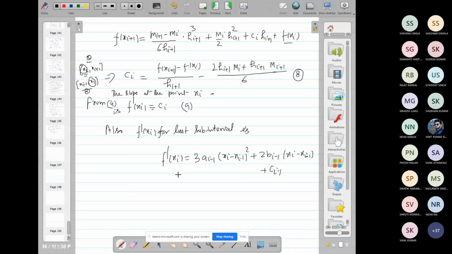So this implies, sorry, not 0, xi minus 1. So this becomes f dash xi equal to 3ai minus 1 hi square plus 2bi minus 1 hi plus ci minus 1.